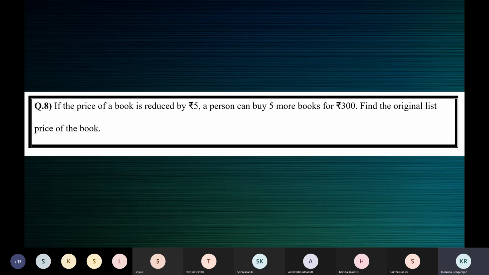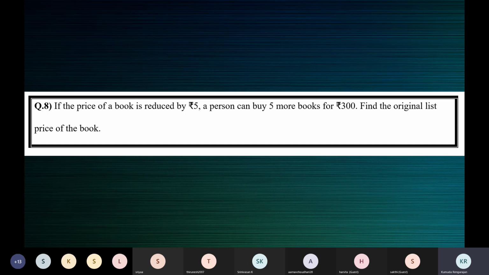How many books can I buy in the first case? 300 by X, because the price is X. So 300 by X represents the number of books I can buy when the price per book is X rupees. Next is 300 by X minus 5, because the new price is X minus 5. The money I have, 300, divided by X minus 5, the price per book, gives me the number of books I can buy.